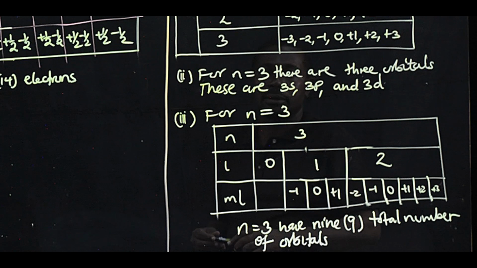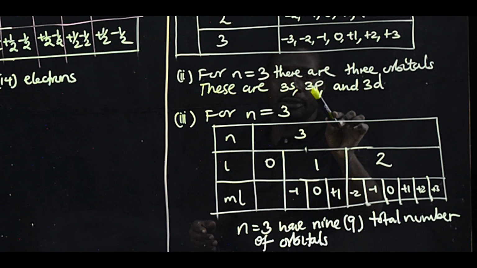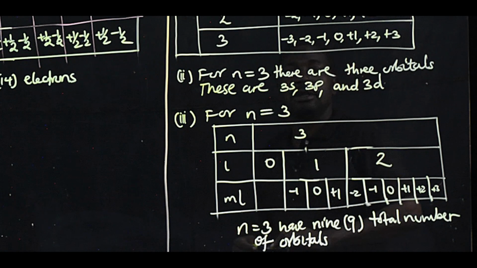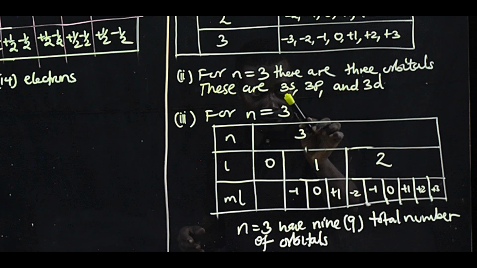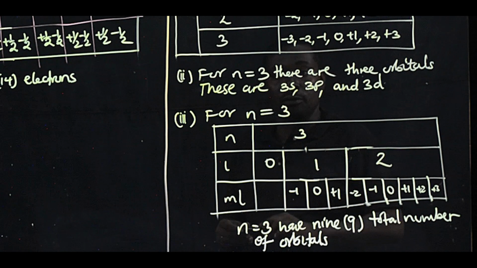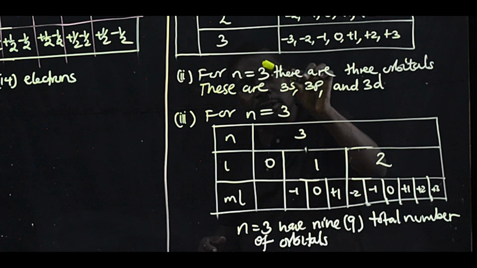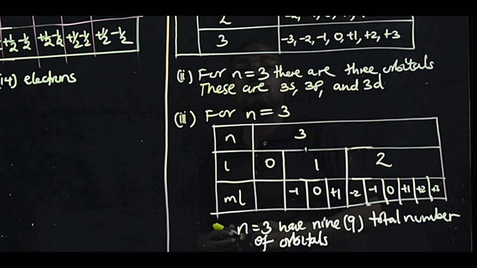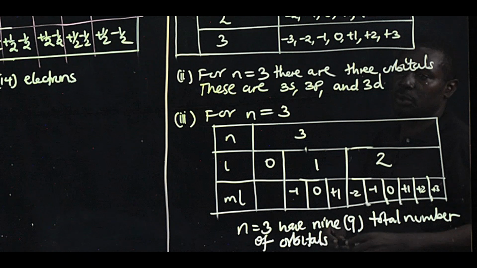And these subshells are 3s, 3p, and 3d. So the kind of orbitals for any given n is determined by the value of n. So for n is equal to 3, there are 3 subshells, or 3 orbitals.